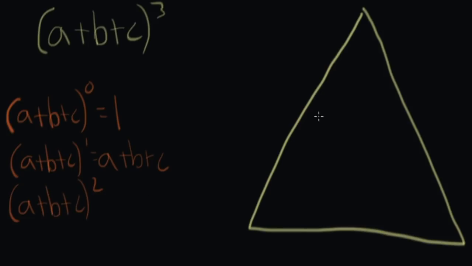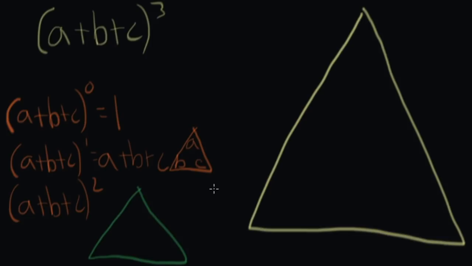I get a mini triangle that would look like this. Maybe take a step backwards. What would the first power look like? Well, it would look like this, so A, B, and C, just in the corners there. And we're going to use this idea.